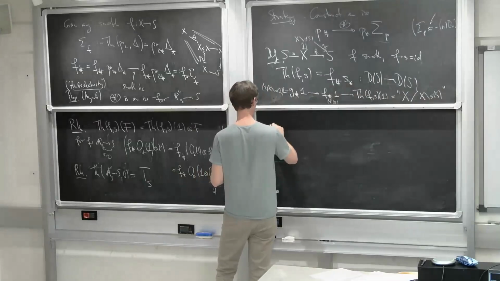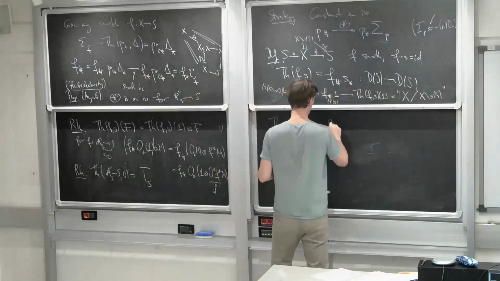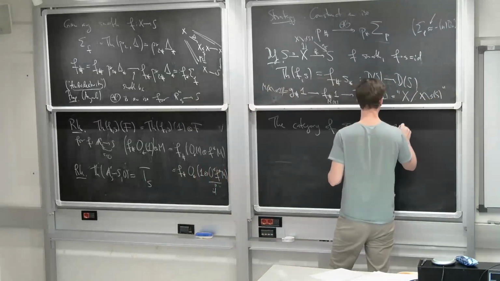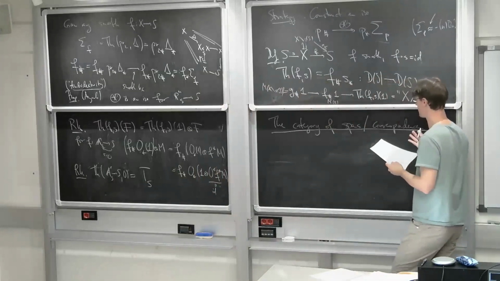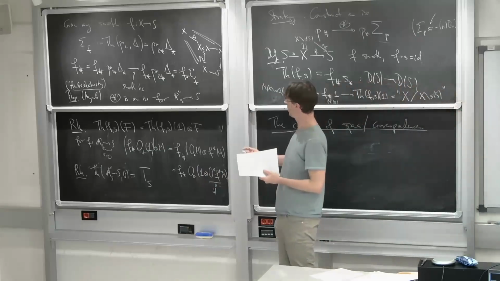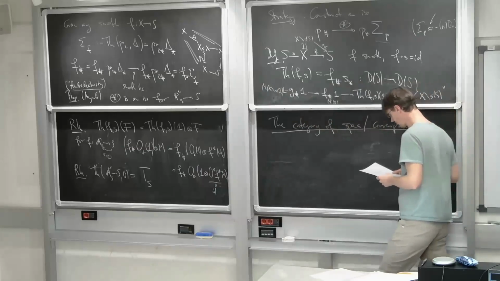So let's say this is now the category of spans or correspondences. Okay, so this is the tool that helps us to squeeze all the data that we have so far into one box.